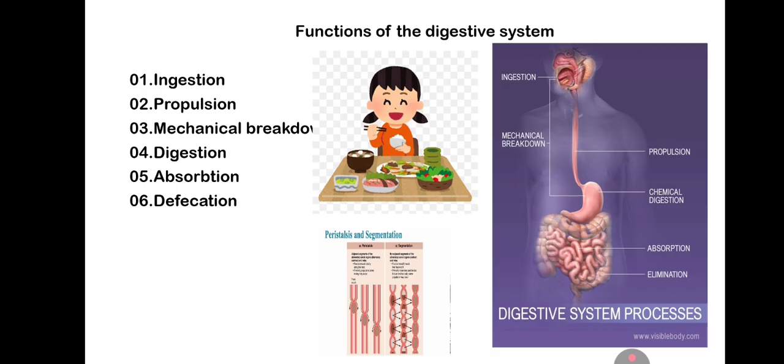In digestion, these foods are chemically converted, meaning proteins into amino acids and polysaccharides into monosaccharides. Likewise, many chemical reactions occur in the stomach. The next one is absorption.